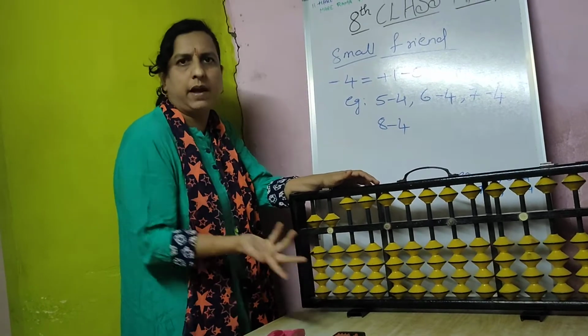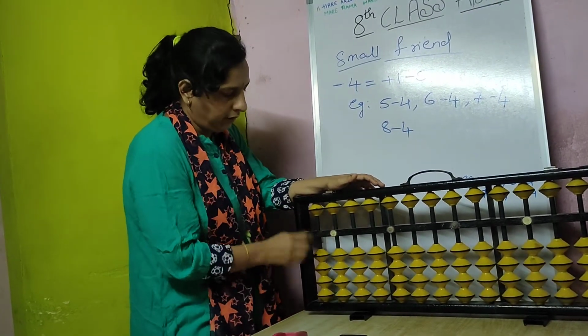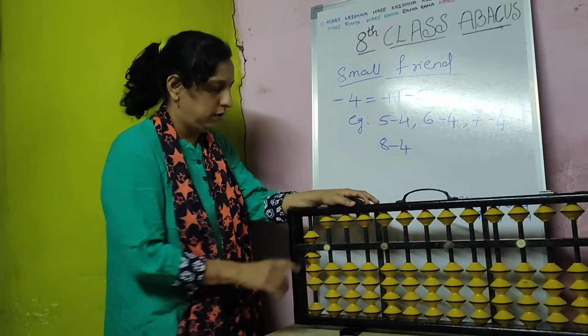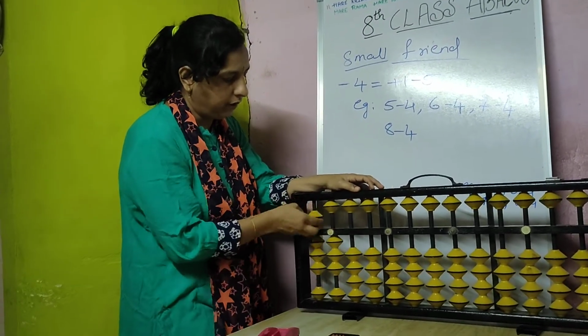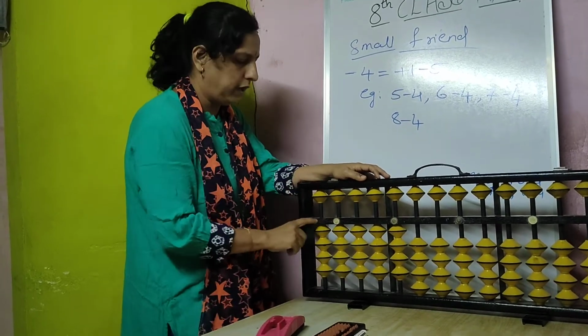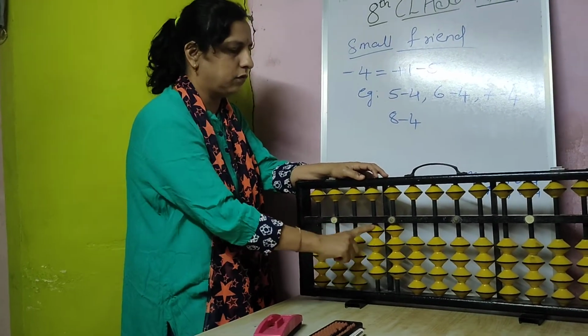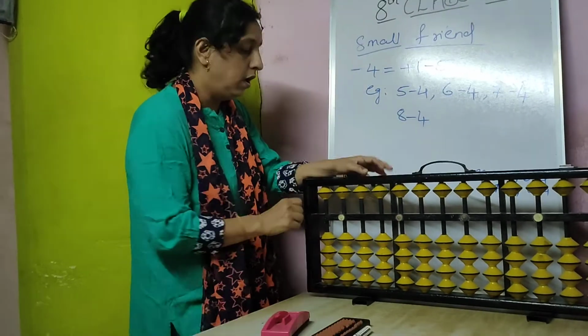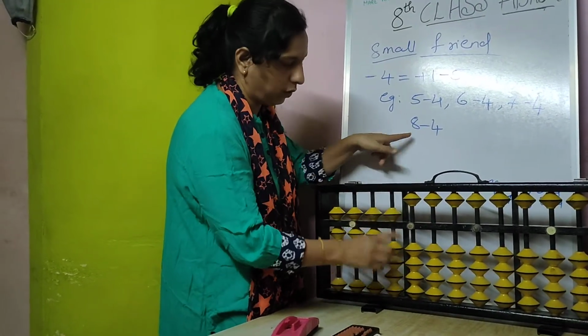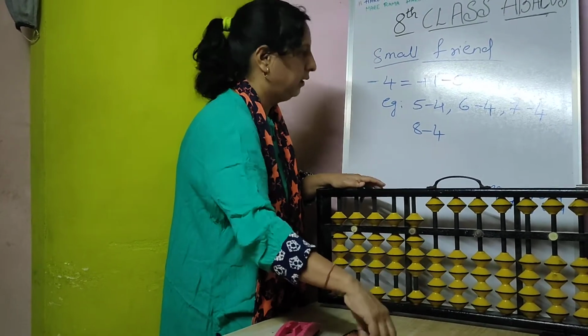Directly I can do minus. But whenever there is 8, I cannot do minus 4. Or whenever there is only 4, then also I can do minus 4 directly. But when there is 8, I am doing this example, taking this one.